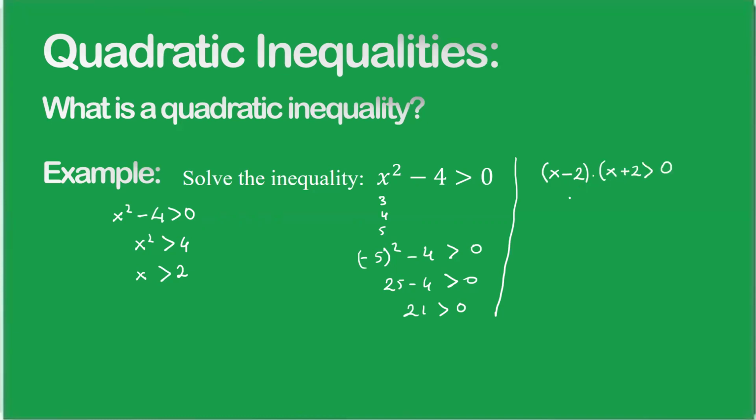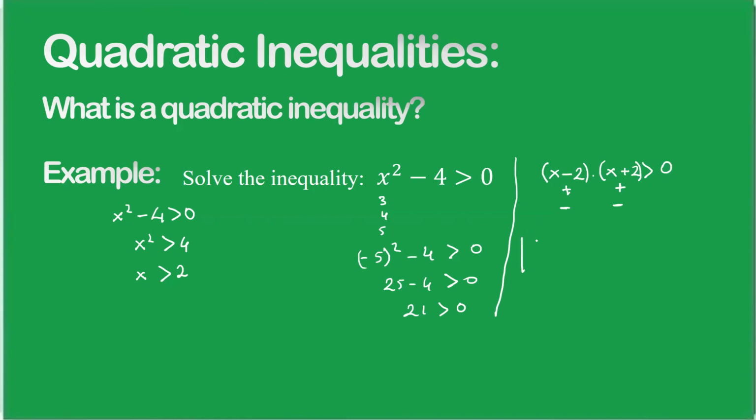Here we have two chances. The first expression can be plus, and the second expression can be plus also. Or the first one can be minus, and also the second one can be minus. Then let's write these systems here.